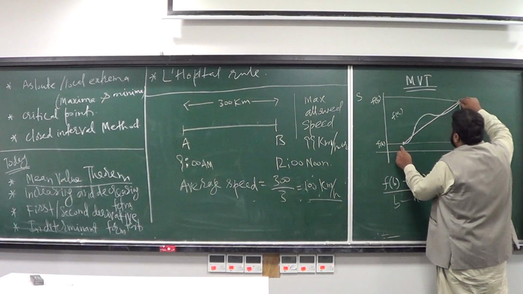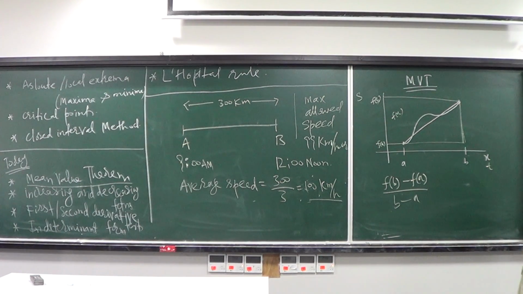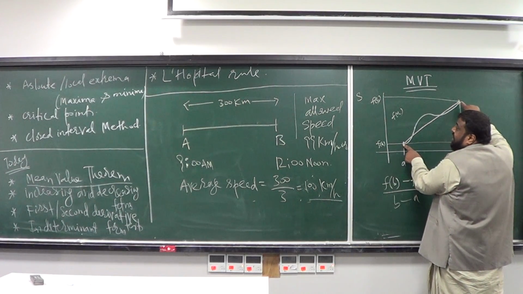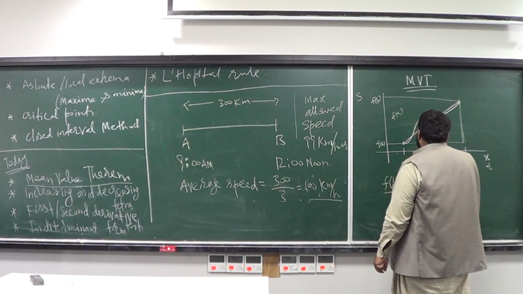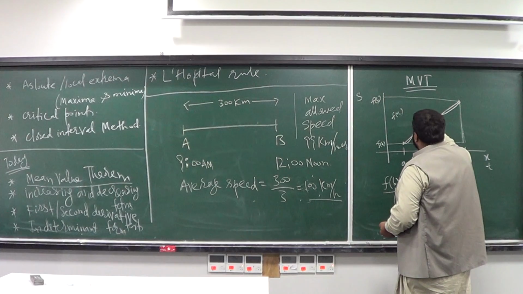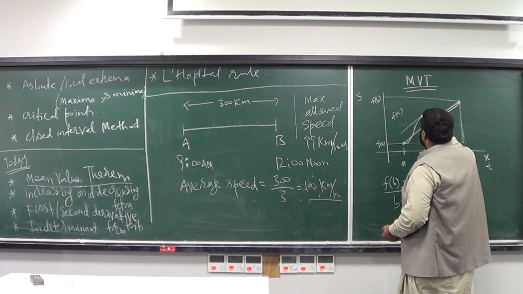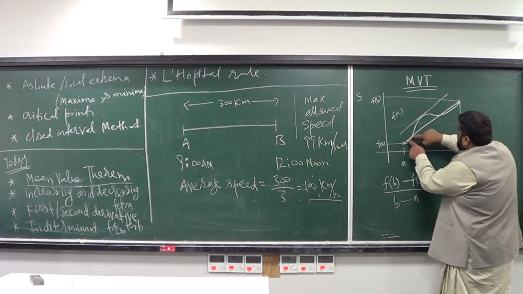If this secant line is representing the average change in the value of the function, then there must be a point where the slope of the curve is equal to the slope of this line. For example, if I take this point and draw a tangent line here, the slope of this tangent line is precisely equal to the average change.